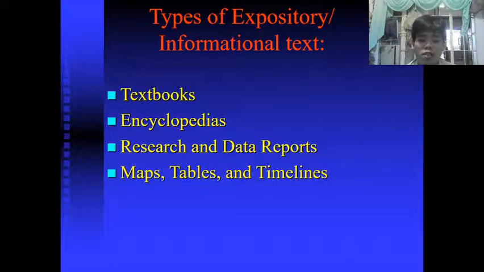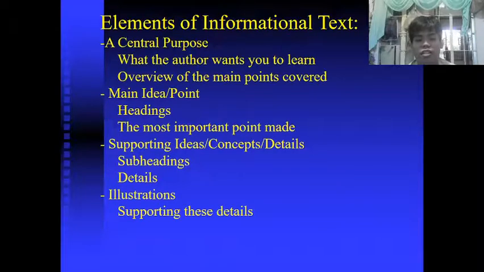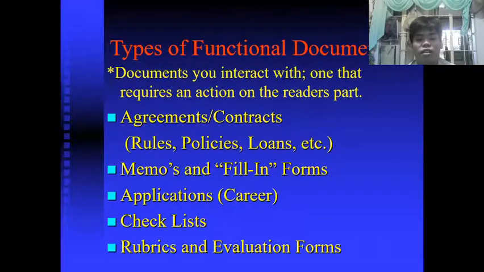So, types of expository texts, or kinds or examples: we have textbooks, encyclopedias, research and data reports, maps, tables, and timelines. This time, the main features of informational texts: we have its central purpose, its main idea, again supporting ideas and illustrations.